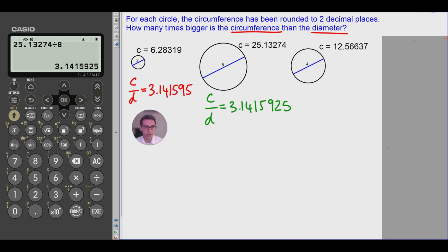For the third circle, have a go first before I do it. Okay, so let's put the numbers in. 12.56637 divided by 4 is 3.14159. So we get the same number.